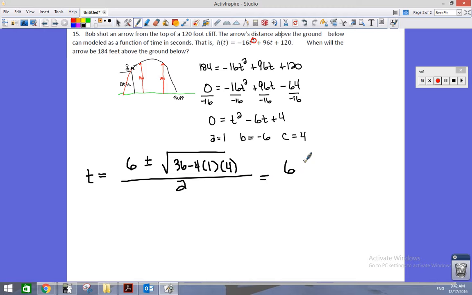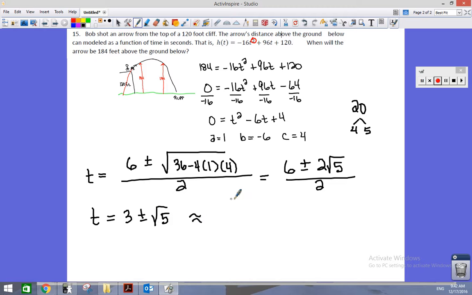So I've got 6 plus or minus the square root of 36 minus 16. That's the square root of 20. 20 breaks down to 4 and 5, and the square root of 4 is 2, and I can't simplify the square root of 5. So the square root of 20 is 2 radical 5, divided by 2. That gives me 3 plus or minus radical 5.